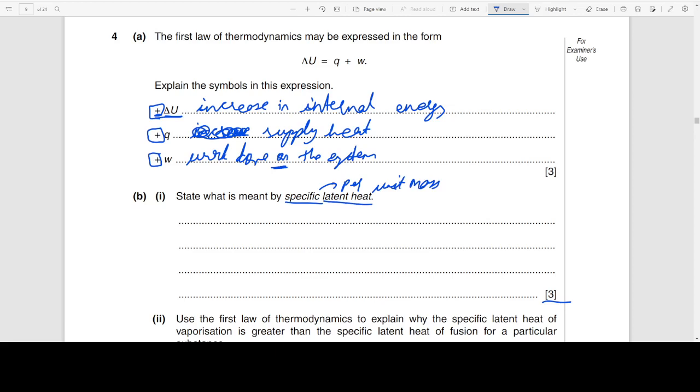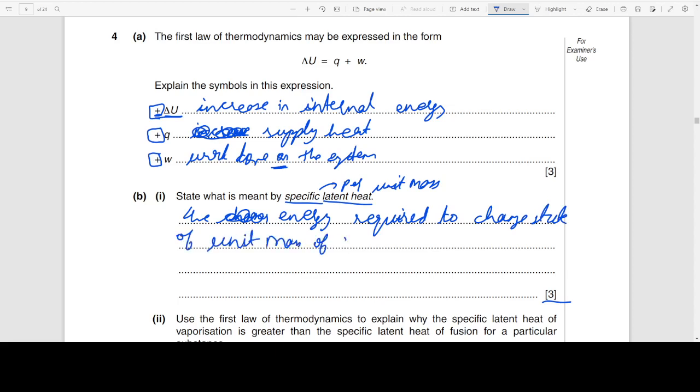So latent heat is the energy required to change the state of unit mass of an object without change in temperature. So guys, 3 marks, 3 points.